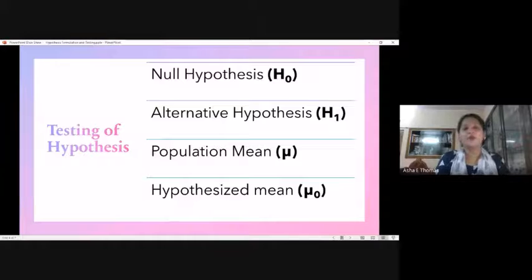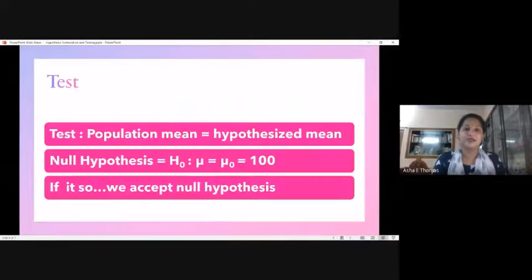Now we are going to the first few stages in the testing procedure. Listen to me very carefully. These are in general terms. In tomorrow's class, we will go through the different types of tests that are possible in hypothesis testing.